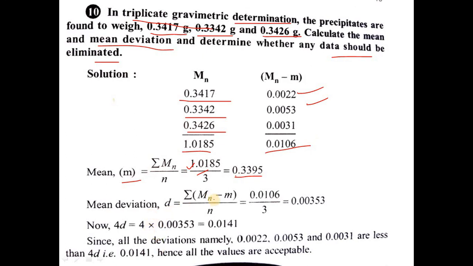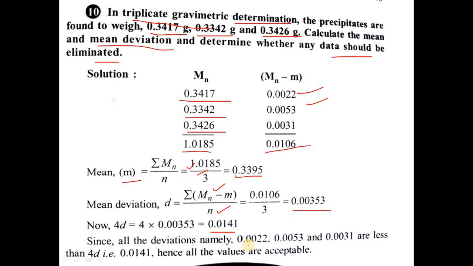So the mean deviation is the summation of all these divided by the number of observations, 0.0106 divided by 3, and the mean deviation is 0.00353. Now here, mean deviation into 4 is equal to 0.0141, because we are taking 4 observations.